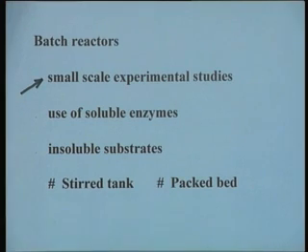And the third feature in favor of the batch reactor is the use of insoluble substrates. In the case of a continuous reactor, the use of insoluble substrate, particularly with immobilized enzyme preparations, is not feasible, particularly for reactions carried out by solid contact, which is difficult.